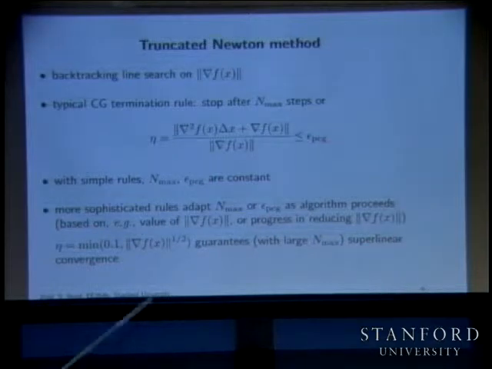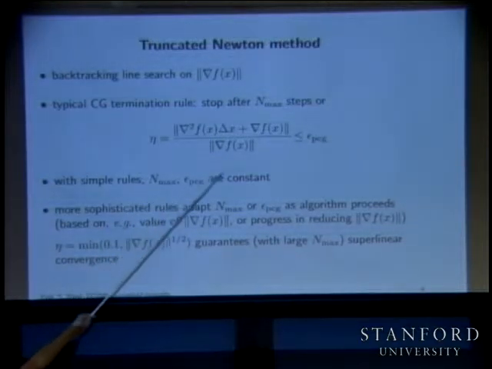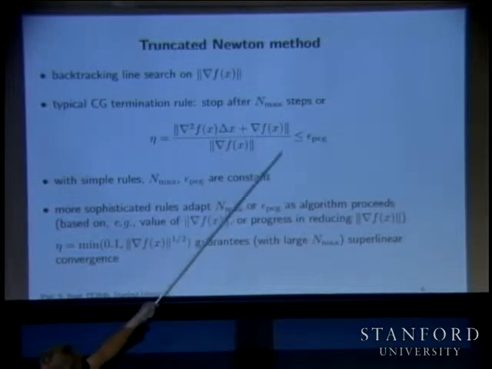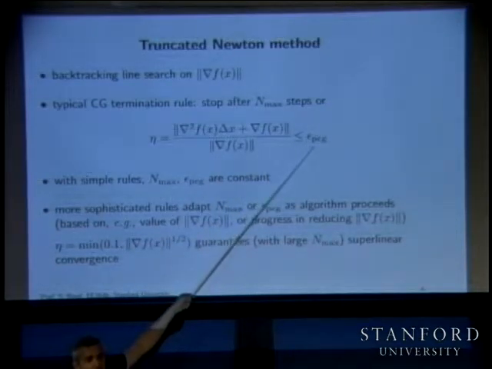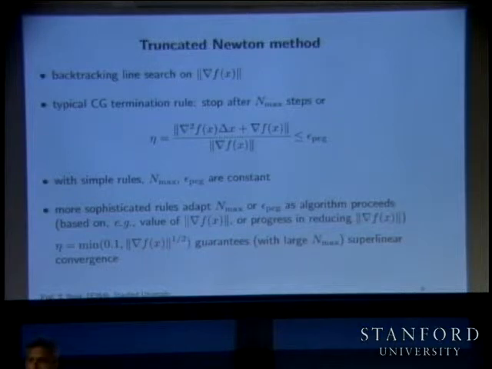With simple rules, you'll iterate up to some constant maximum number, and you'll have this epsilon PCG that's constant. This might be like 0.1. That would be a reasonable number there.